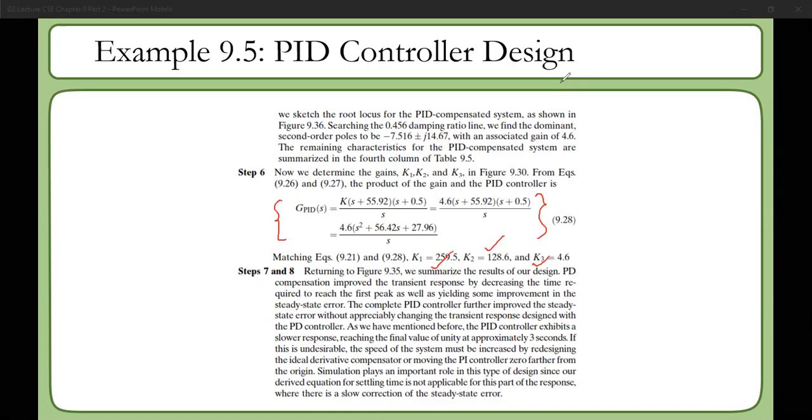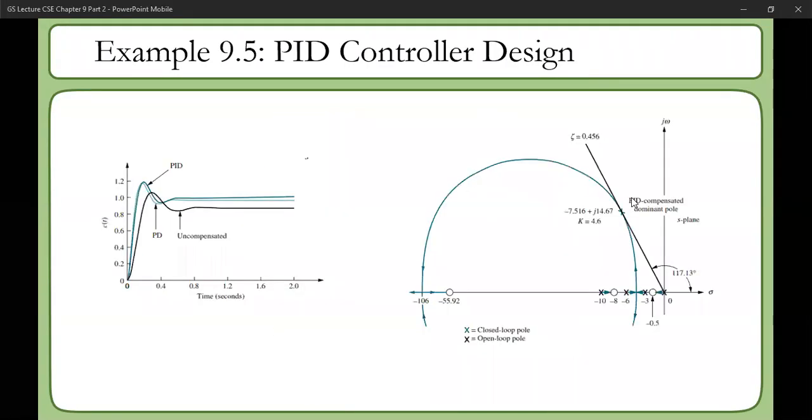Okay, so let's look at this. They have shown the new root locus as well as the system behavior. This is the new root locus, with the new zero of your PD controller here. And we have introduced a pole at the origin that is related to your PI controller, and a nearby zero, so that the root locus remains unchanged.